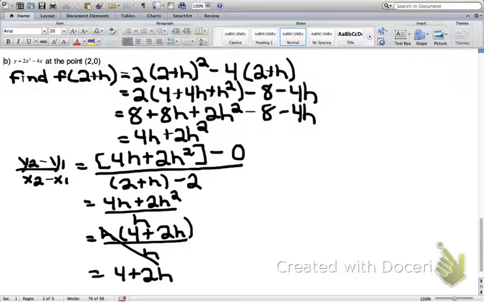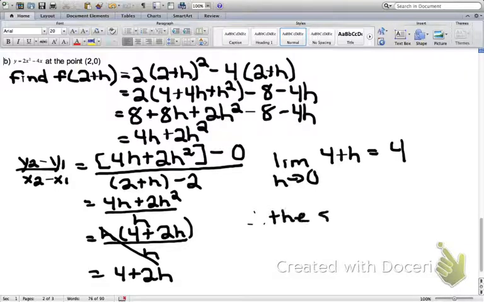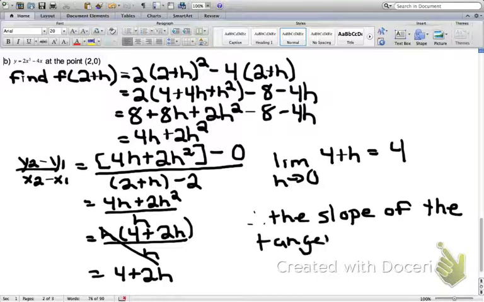So therefore, we can find the limit as h approaches 0 of our 4 plus 2h. As h approaches 0, our slope will be equal to 4. So therefore, the slope of the tangent is 4.